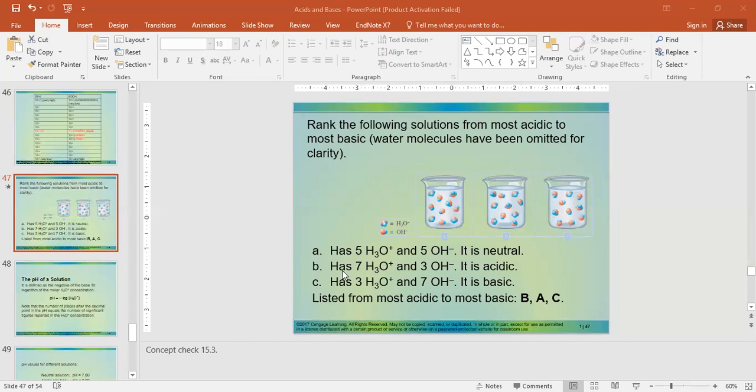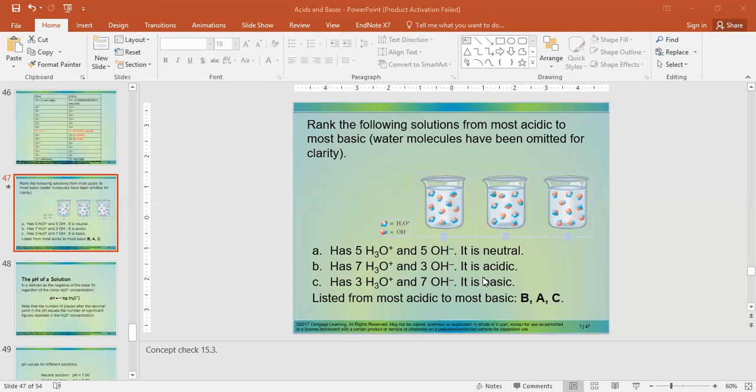In part B, we have 7 hydronium versus 3 bases. So which one is higher? Hydronium ion. You know this is the acid, so that solution is going to be acidic. In part C, we have 3 acids and 7 bases. So overall, it's going to be basic.